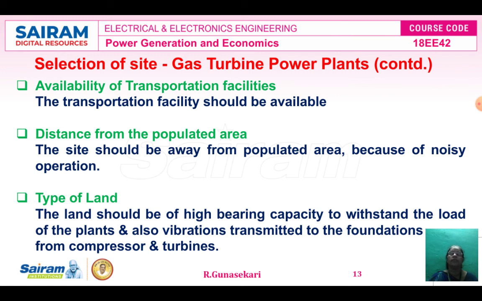Next we consider the availability of transportation facilities, because the power plant is located away from the populated area and nearer to the load center, so therefore transportation facilities are required. Then distance from the populated area: the gas power plant is located away from the populated area because of noisy operation, the noise produced by the compressor, turbine and generator.